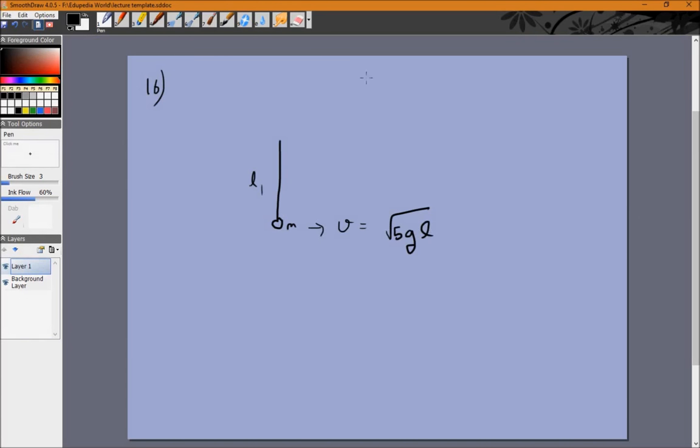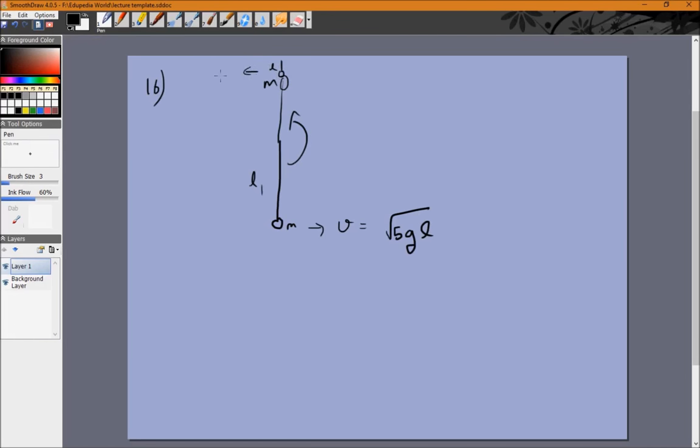When it is at the highest point, let's say here, after moving, it collides elastically with another bob suspended by a string of length L2, which is initially at rest. So there's another bob here in a string of length L2 initially at rest. After the collision, the second bob acquires the minimum speed to complete the circle.